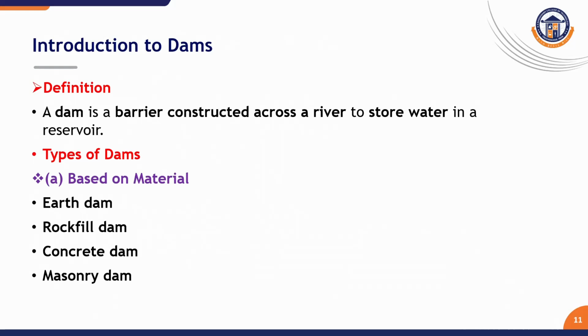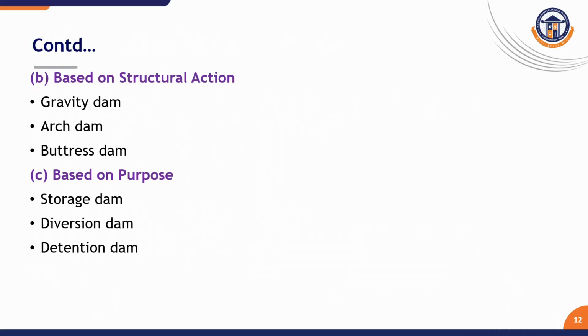Types of dams based on material used: dams are classified into earth dam, rockfill dam, concrete dam, and masonry dam. An earth dam is constructed using earth materials, a concrete dam is constructed using RCC, and a masonry dam is constructed using stones.